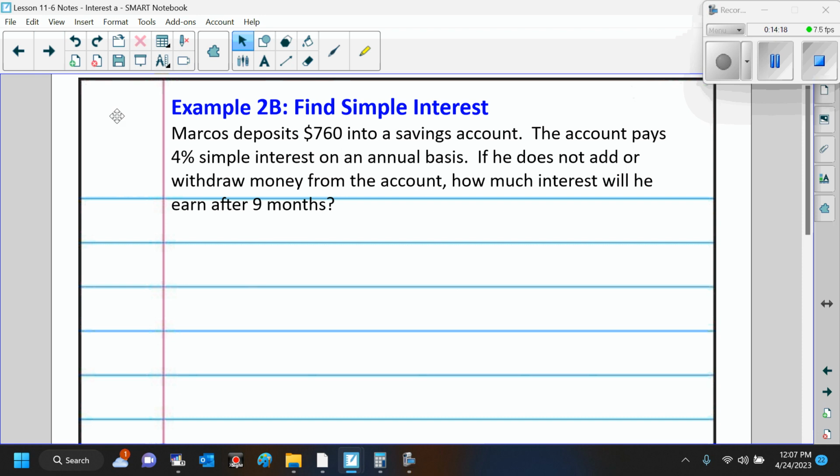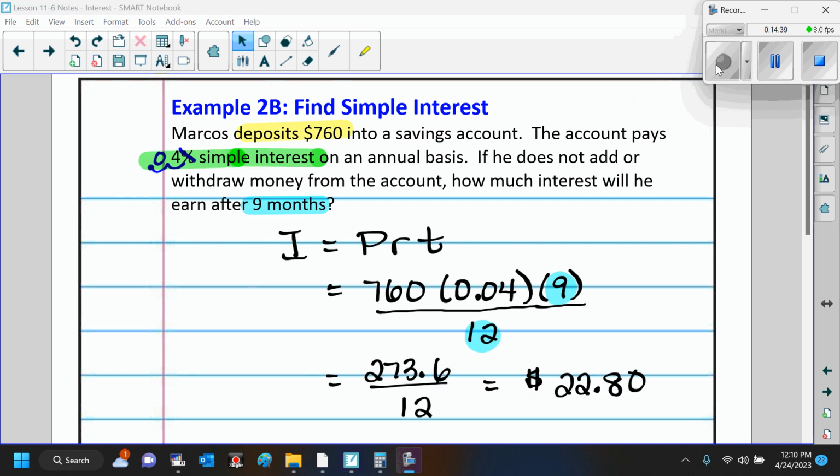All right. It says Marcos deposits $760 into a savings account. The account pays 4% simple interest on an annual basis. If he does not add or withdraw money from the account, how much interest will he earn after 9 months? All right, so the principal is $760.